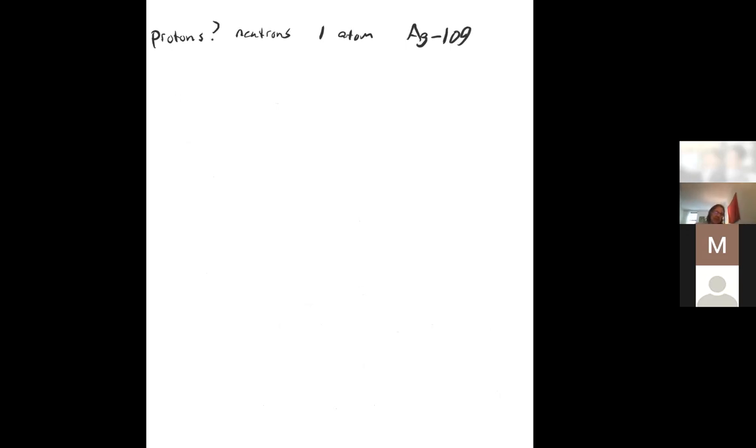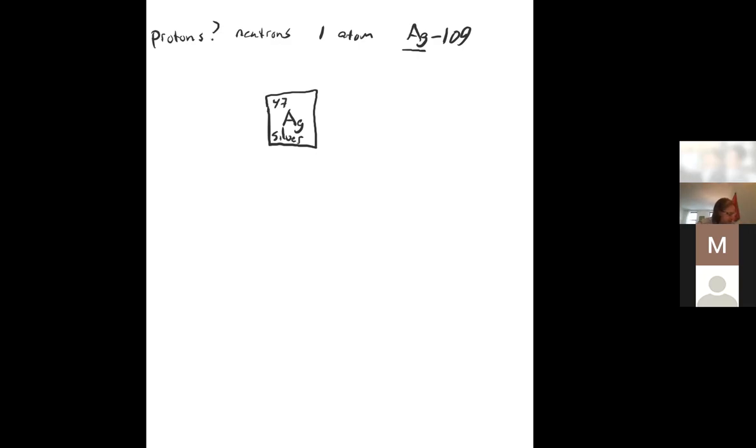At first that might look a little daunting, but it's actually very simple. You look at the symbol Ag. By the way, this is silver. And again, we don't have to worry about the number underneath it at all. Ag is right here, 47. So that's your starting point.